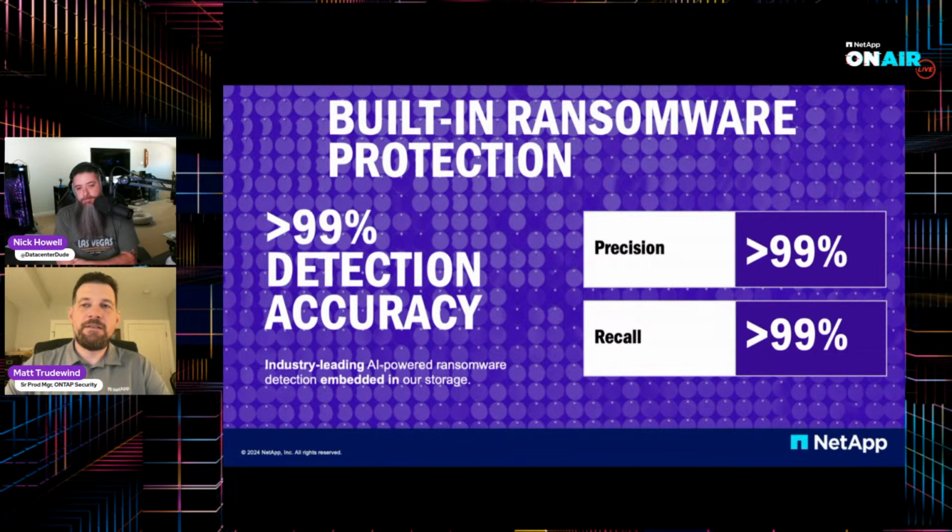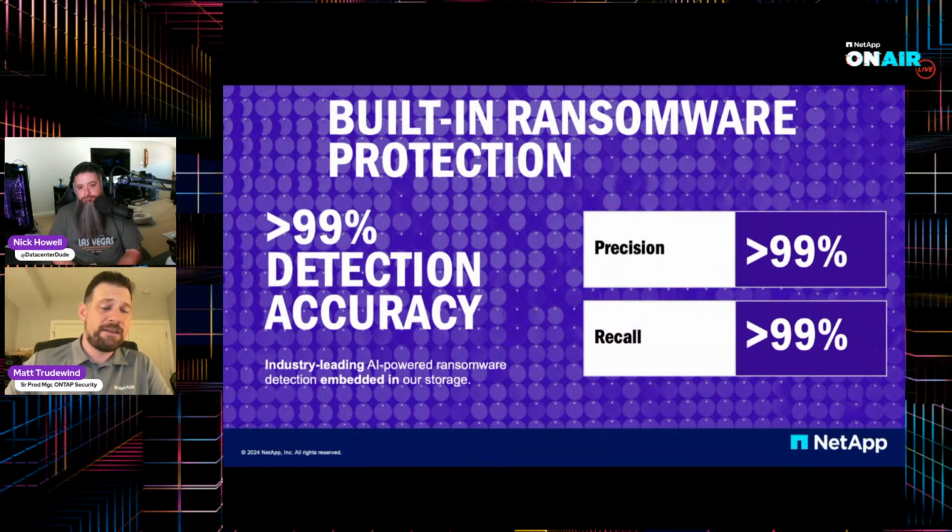Yeah, so basically it's figuring out what your workload typically is on a volume. And then when it sees abnormalities, it looks for these signals and says, oh, this looks like potential ransomware. Actually, one of the neat things it does is it takes an automatic snapshot for a close recovery point. It'll actually do that even before it verifies it's ransomware. If it just looks a little suspicious, it'll take that snapshot.